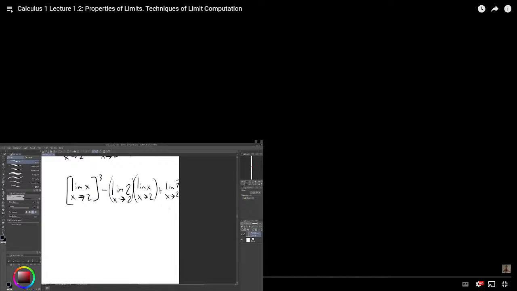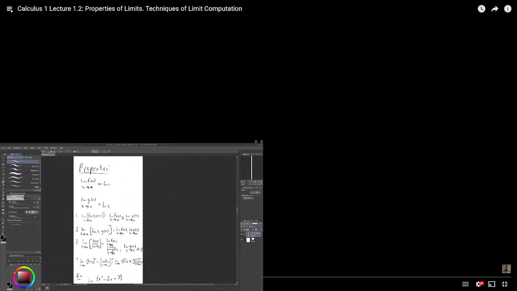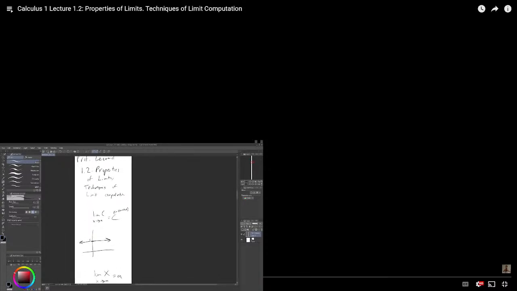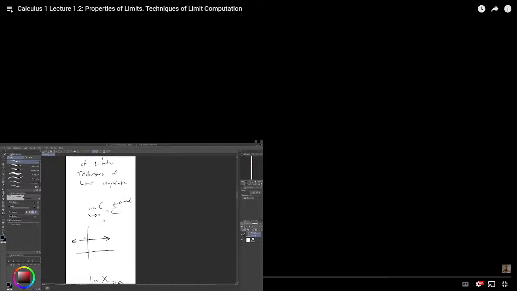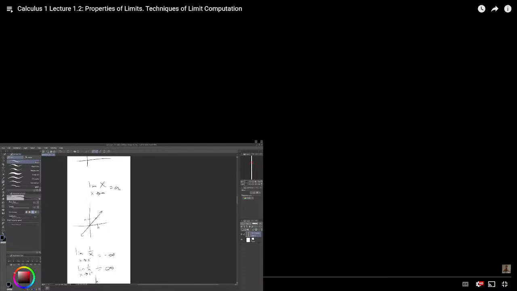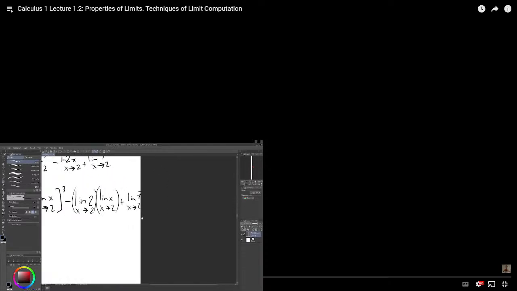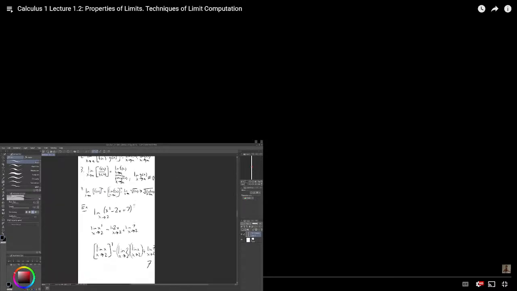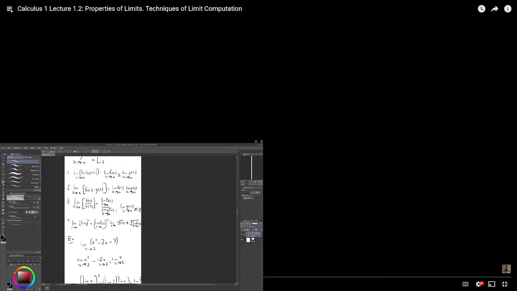So this would just be 7, right? Let me look back up here. Did I write that down? Yeah, the limit of a constant as x approaches a equals that constant. So this is 7. The limit of x as x approaches 2, that'd be 2, right?